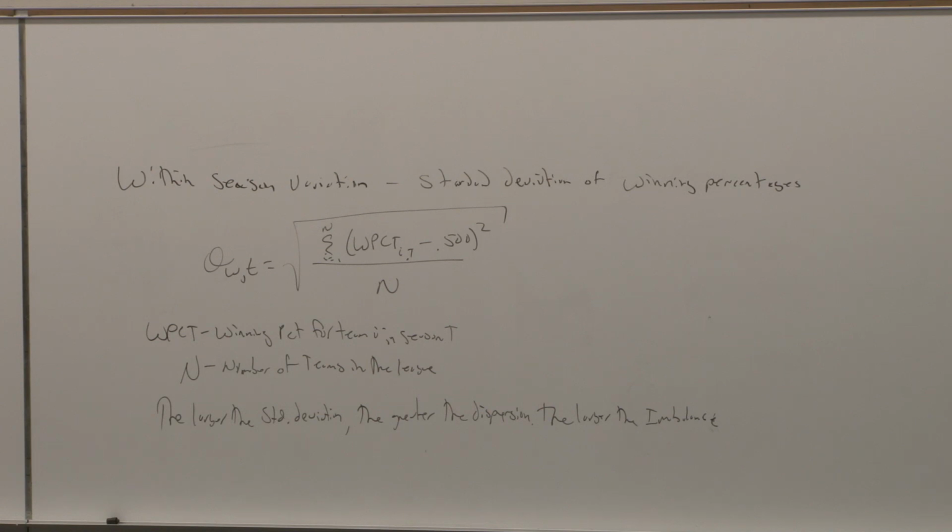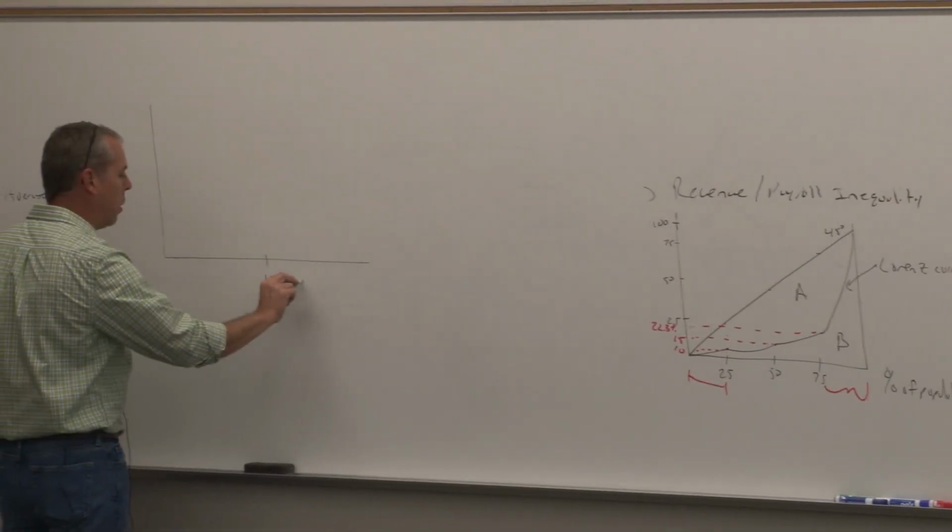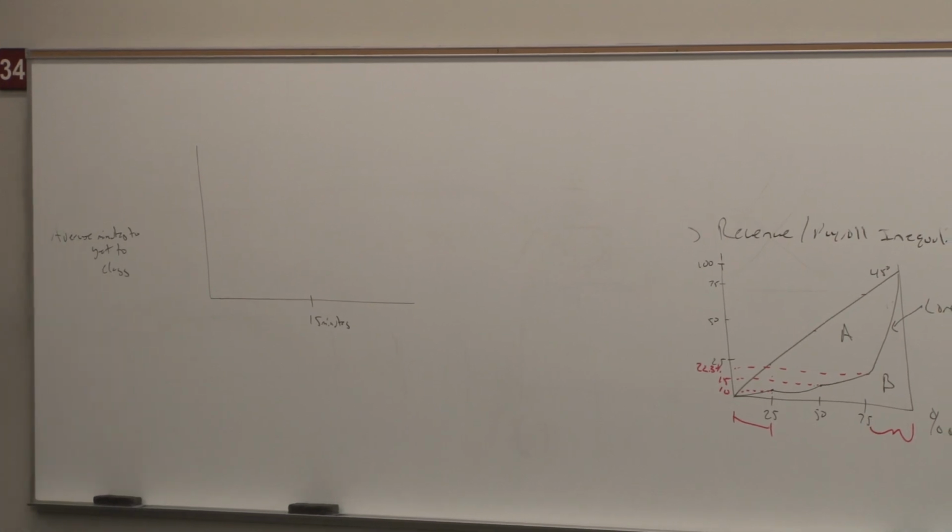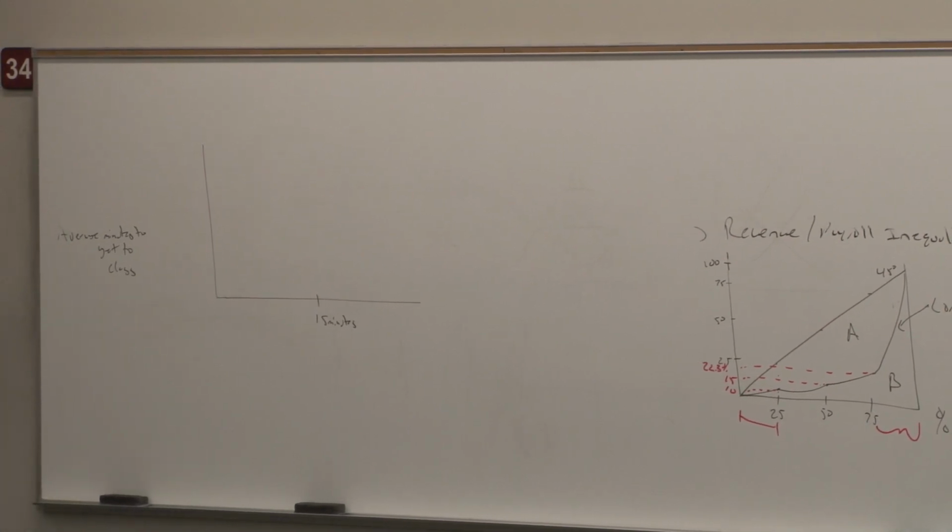So here's your 15 minutes. Let's say you get there in 14 minutes. Is that a really big deal, or is that not that big of a deal? That depends upon the variance. How much variance do you have?